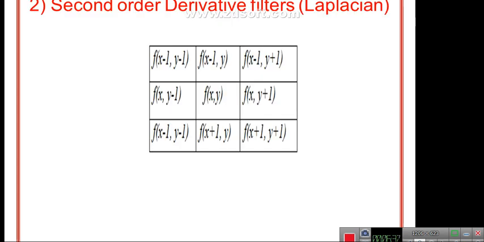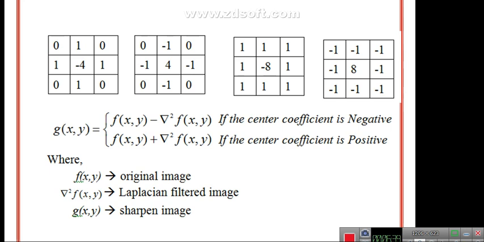Then this is the mask for second order derivative filters, and here is how to obtain the sharpened image. We obtain it from f of x comma y minus del squared f of x comma y, otherwise f of x comma y plus del squared f of x comma y.